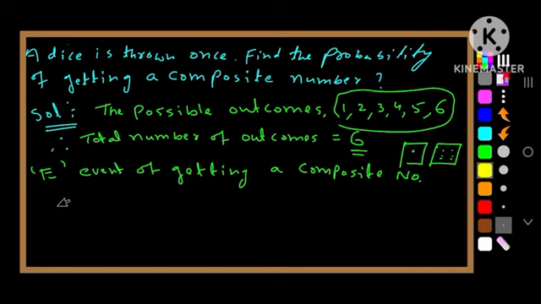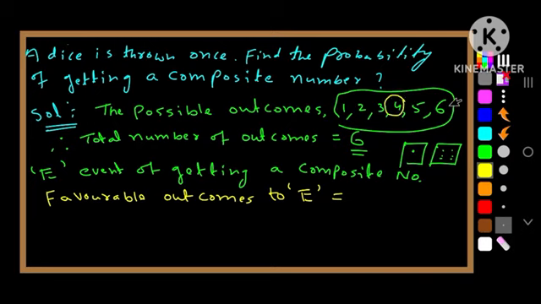The favorable outcomes to E are 4 and 6. Why? Because these are the only two numbers which are composite.